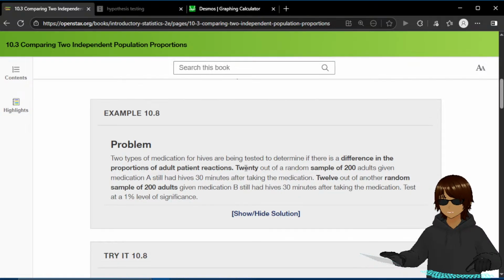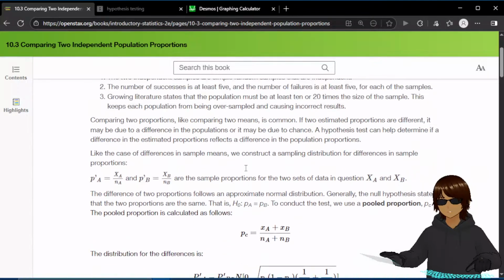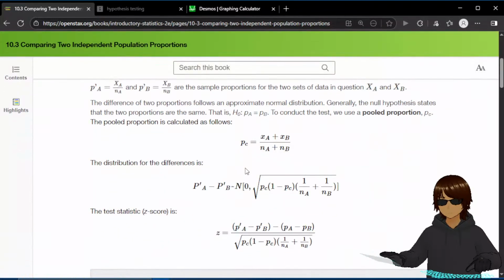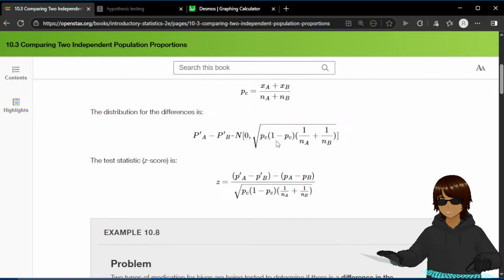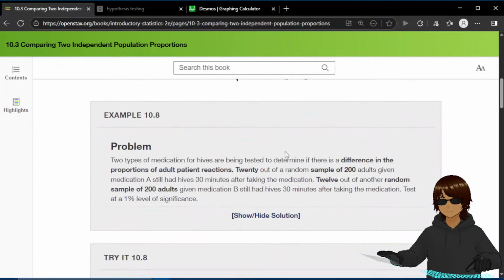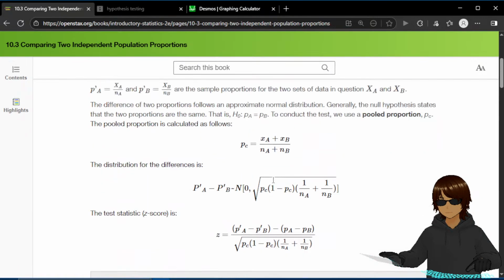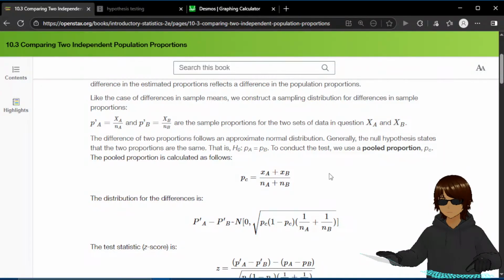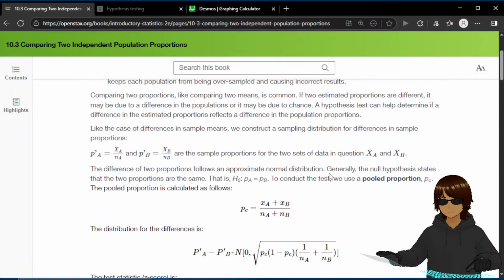Medication A and medication B. So we assume that it's normally distributed. 0 and PC. PC is XA plus XB over NA plus NB. XA and XB, they're 30, right?